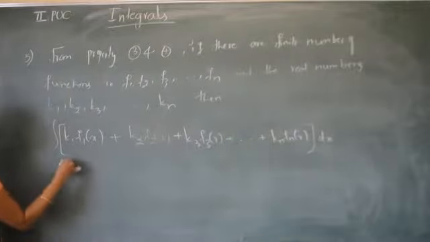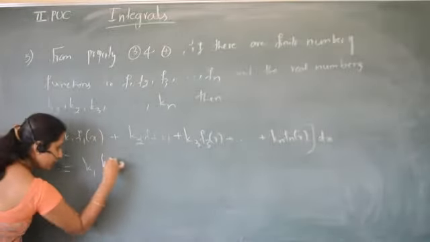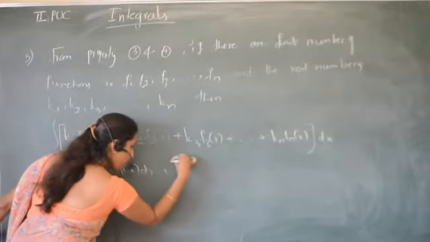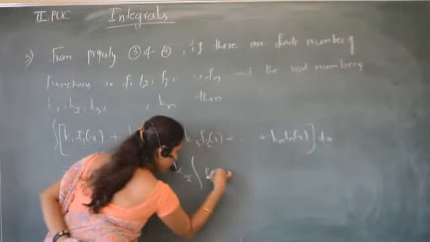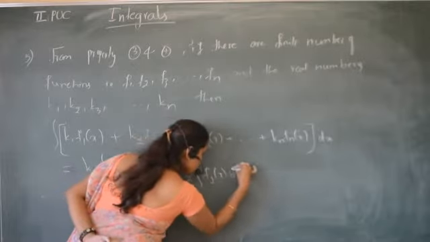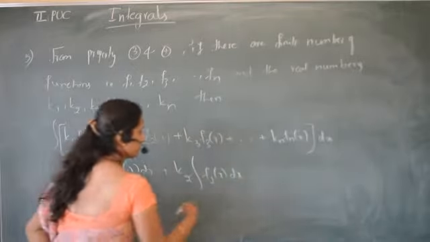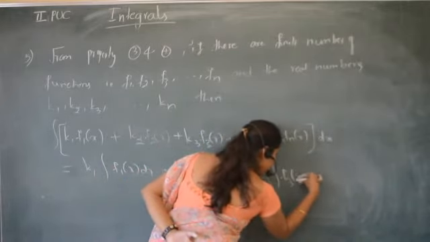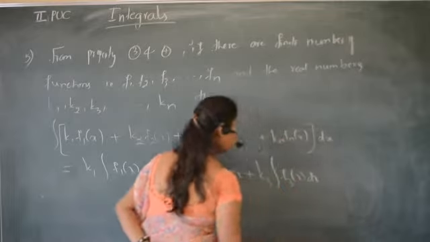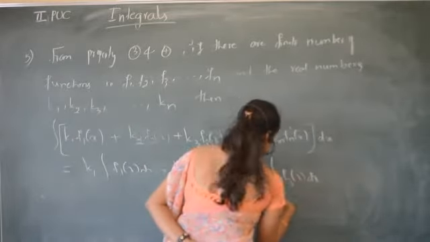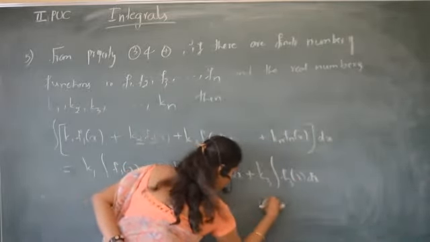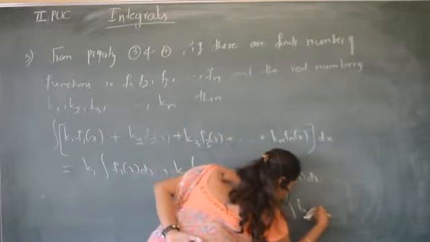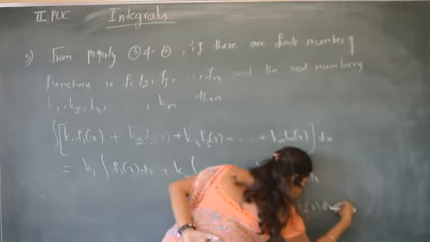is equal to k1 into integral of f1 x dx plus k2 into integral of f2 x dx plus k3 into integral of f3 x dx, so on up to kn into integral of fn x dx.